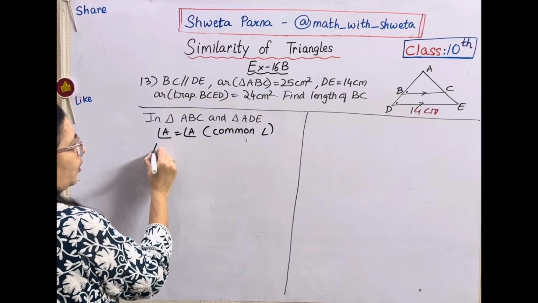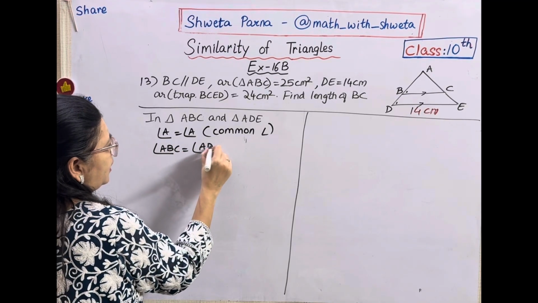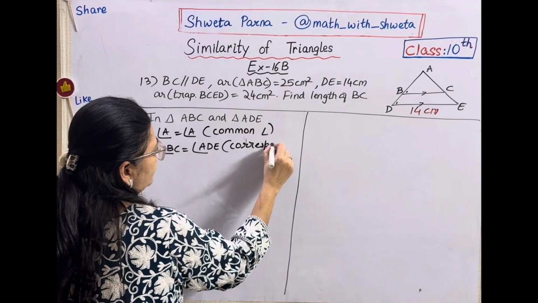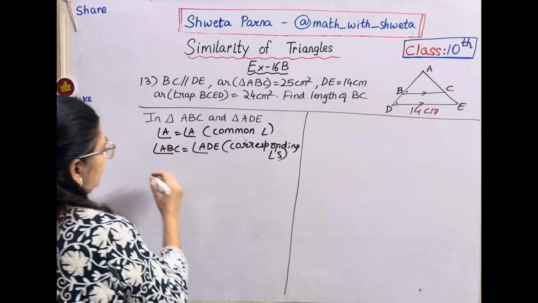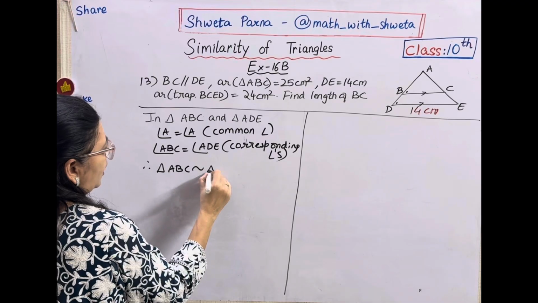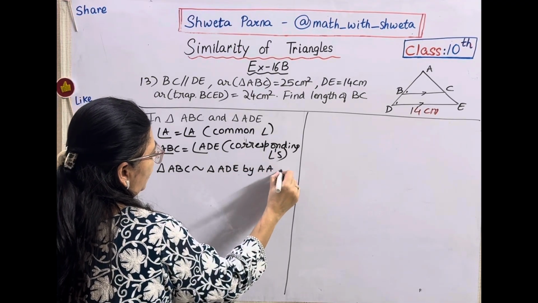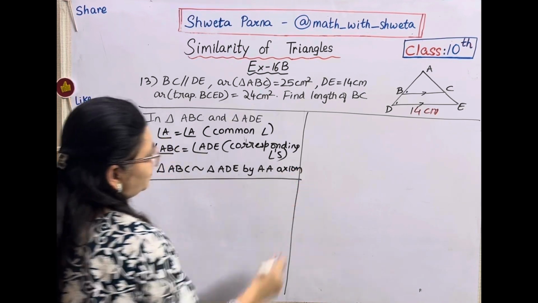Therefore, they are corresponding angle. Angle ABC is equal to angle ADE. Corresponding angles. Therefore, triangle ABC is similar to triangle ADE by AA, axiom test of similarity. Okay, this part is done.